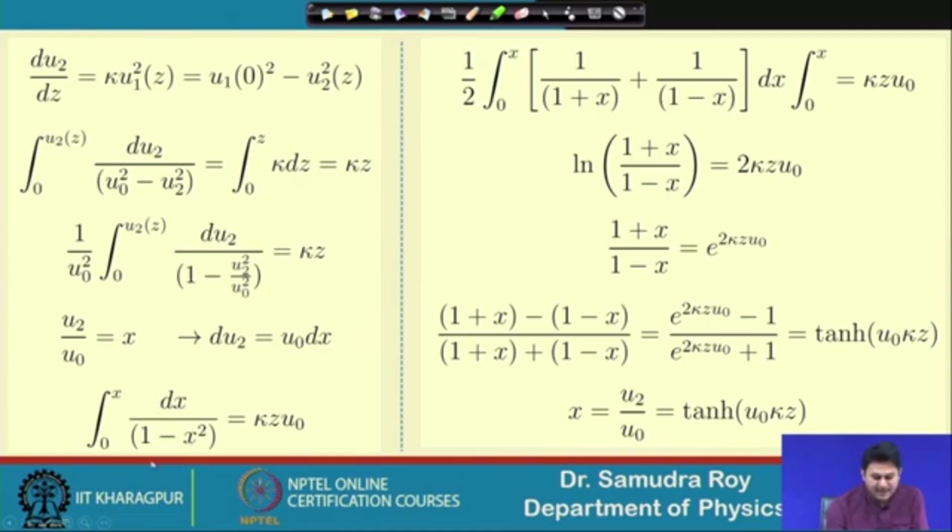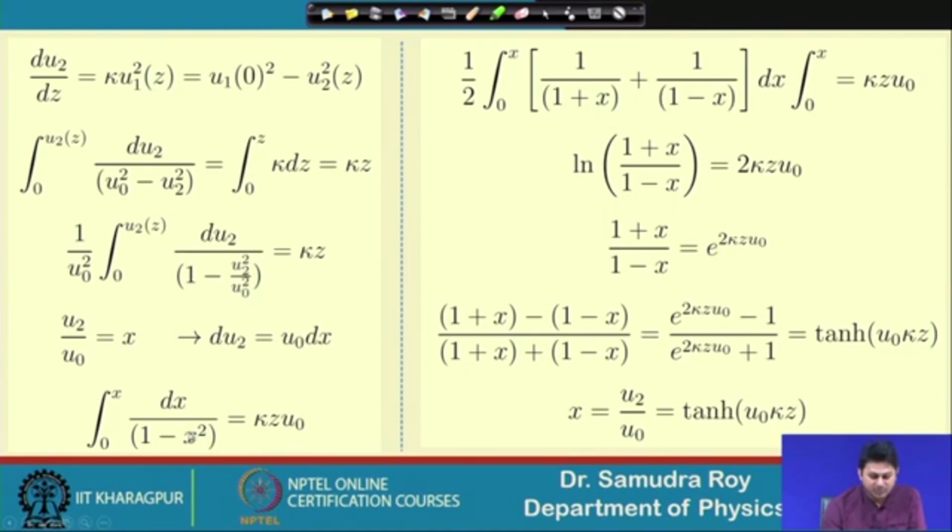Now, this is a standard integration. Most of us can use the standard integration, but sometimes we find it difficult to remember, and one can derive it directly. If I do this standard integration, it becomes a log kind of thing, but you can directly put in the value, or you can use the standard procedure.